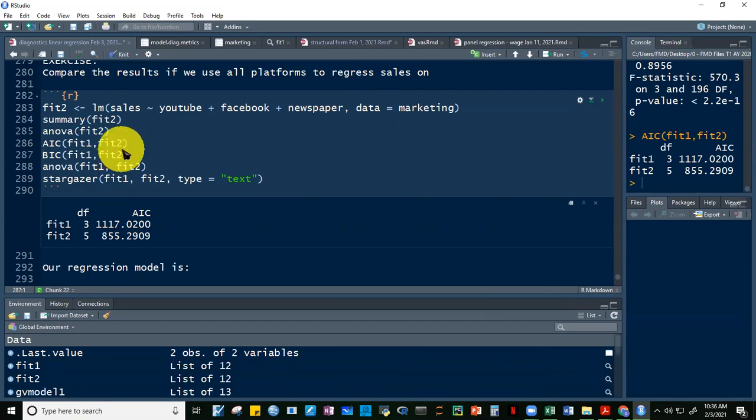Based on yung Akaike natin. This is your Akaike information criterion. So, ang mini-measure nito yung information loss. So, ano ba mas maganda? Mas the lower, the better sa Akaike? Anyone, please?